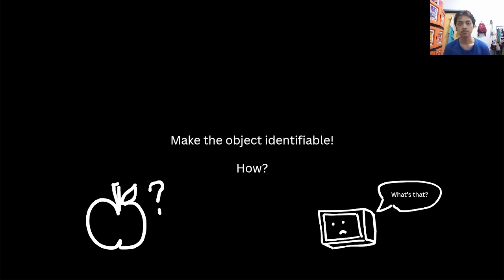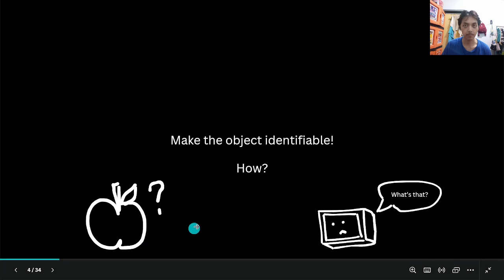We don't know, and then we get taught by our teacher, or we got told by our parents that an apple is a fruit. An apple has a red color, and an apple has a round shape like that. Okay, so we are going to teach the computer to learn and know the names of objects.